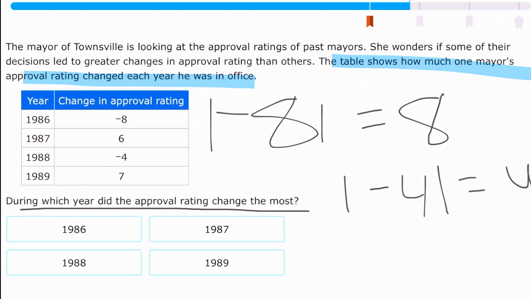And you can see that 8 is the largest change in the approval rating. So it's 1986. And for the sentence answer, you would write the year that the mayor had in office with the biggest change in approval rating was 1986.